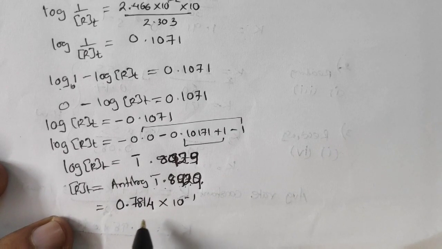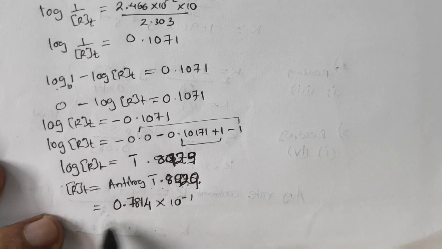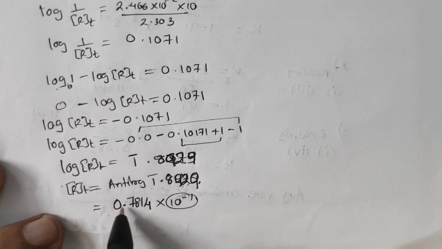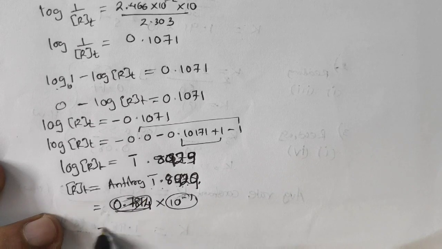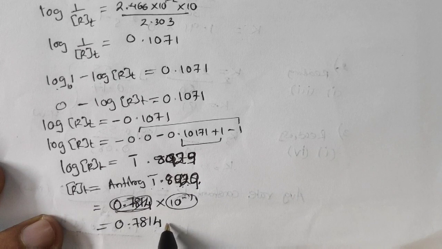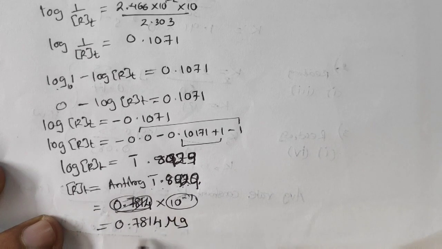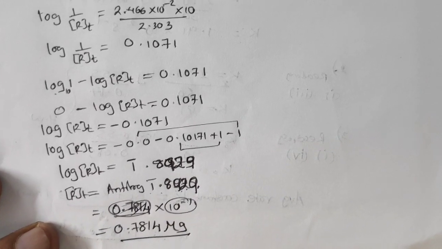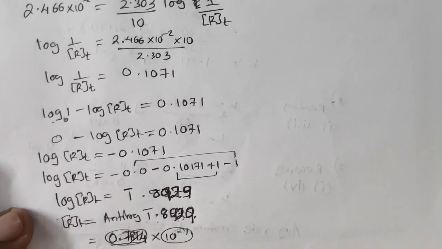So this you can say, I think 7.83, you can simplify this. This minus you can remove. It will be equal to 0.7814 microgram. Okay, so this you can remember.